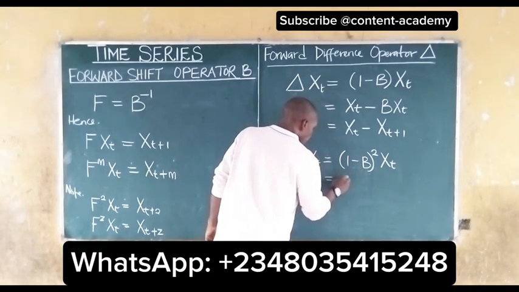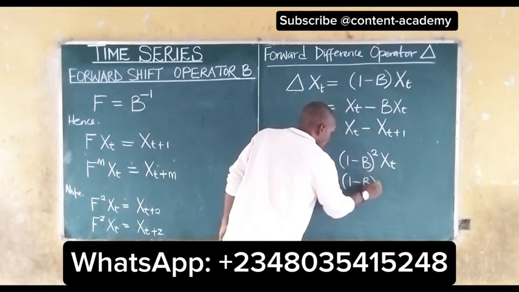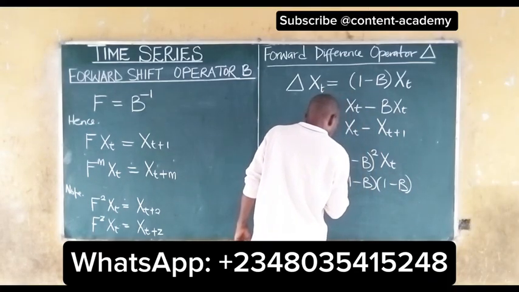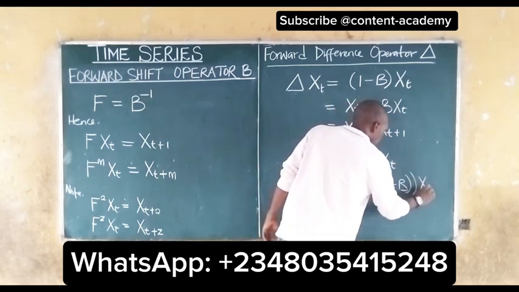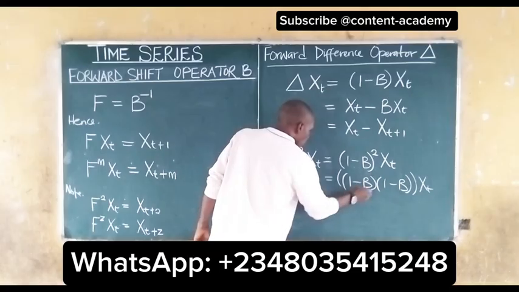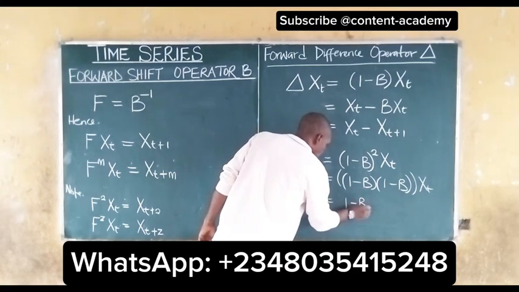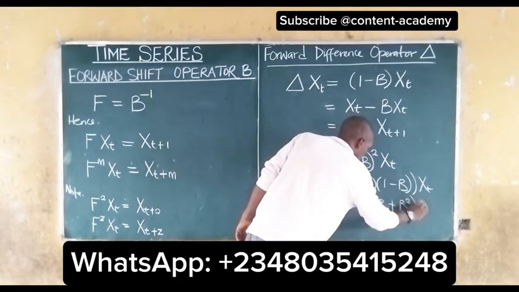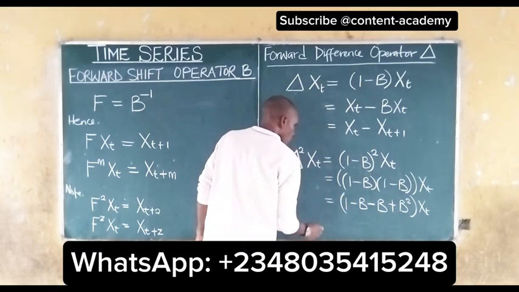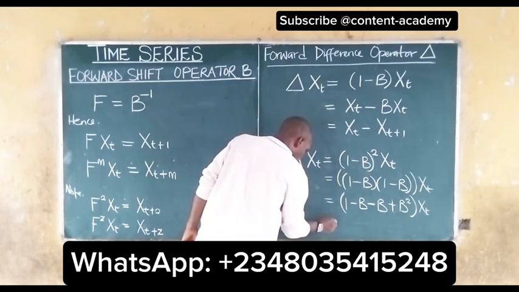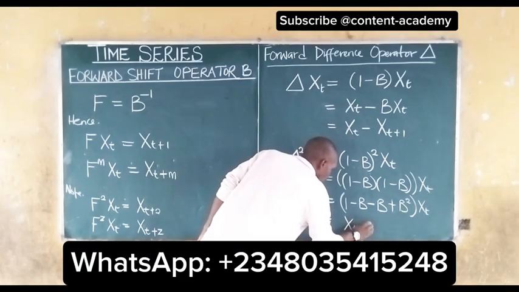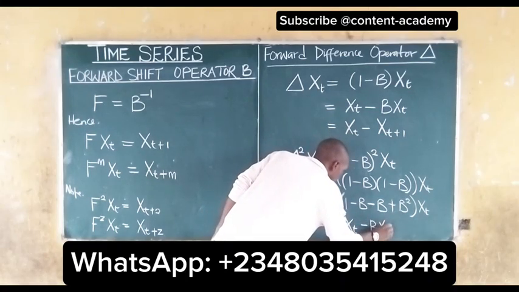From the quadratic expansion, we'll have 1 minus B into 1 minus B multiplied by Xt. So we can open this bracket to give us 1 minus B minus B plus B squared Xt.